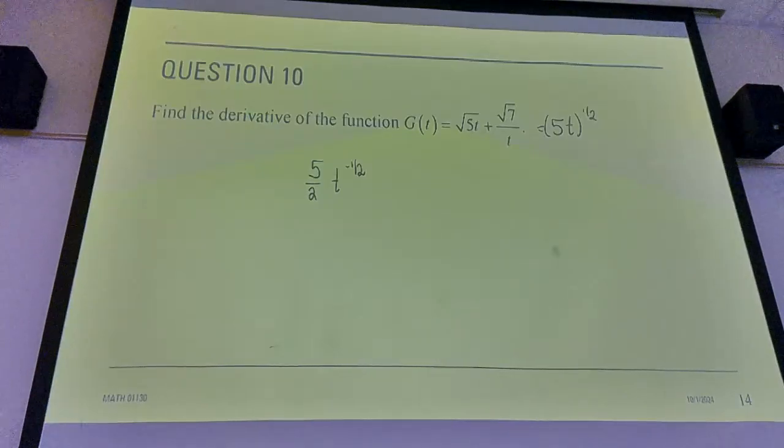Would that be the derivative? No, it's not. You forgot to apply the 1/2 to the 5, because it's the quantity of 5t raised to the 1/2.